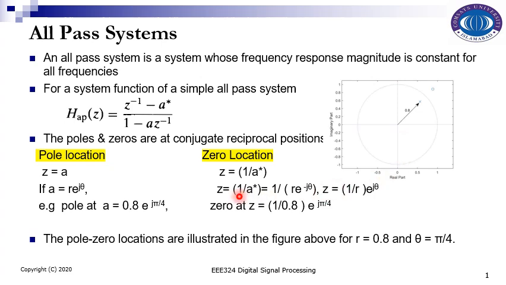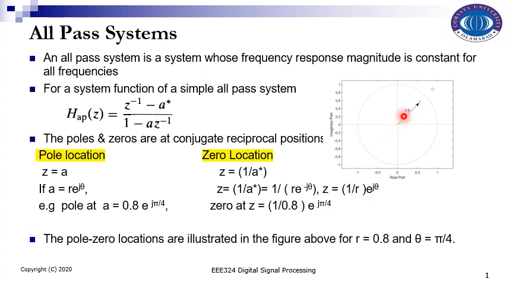We can see why the angle is the same: if a is r e to the j theta, then 1 over a star is 1 over the conjugate of r e to the j theta. The conjugate of r e to the j theta is r e to the minus j theta. Because this term e to the minus j theta is in the denominator, it becomes e to the j theta in the numerator, so the zero at the conjugate reciprocal position is 1 over r, e to the j theta.